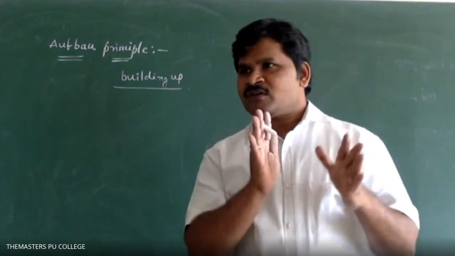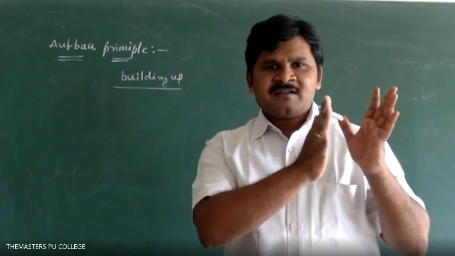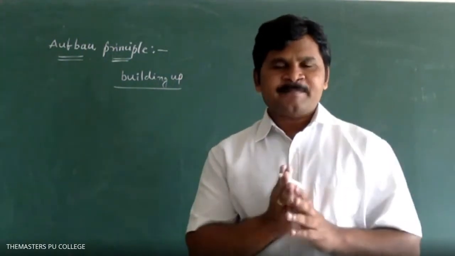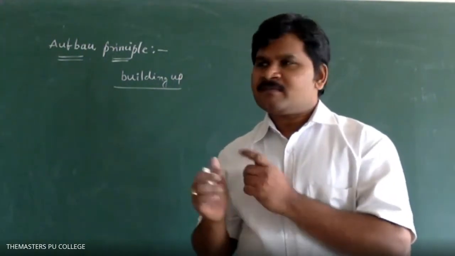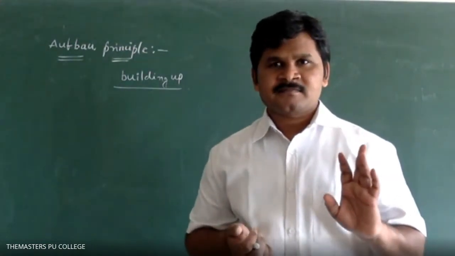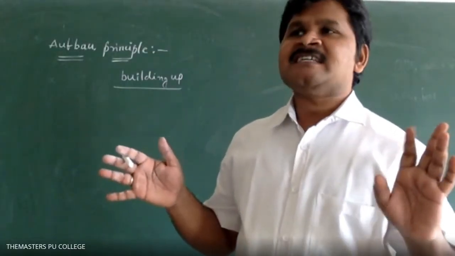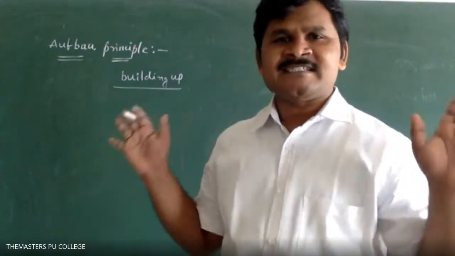Suppose I am taking two orbitals. For one orbital I got an n plus l value of 3, for another orbital an n plus l value of 4. Which has the least energy? 3. The orbital with the least n plus l value has the least energy.